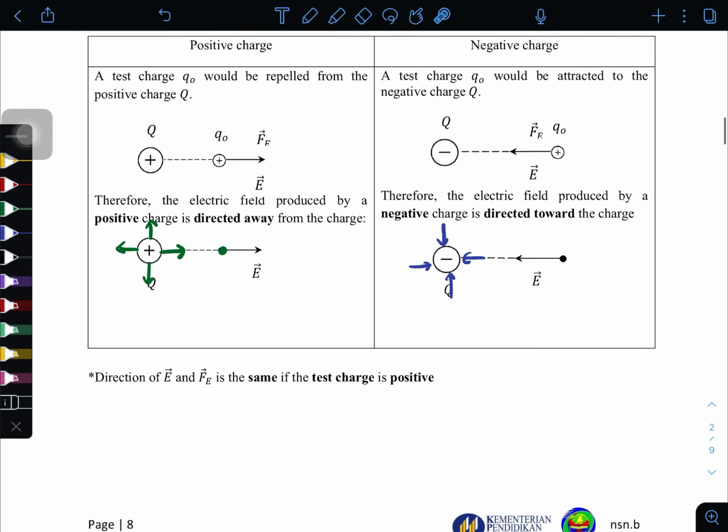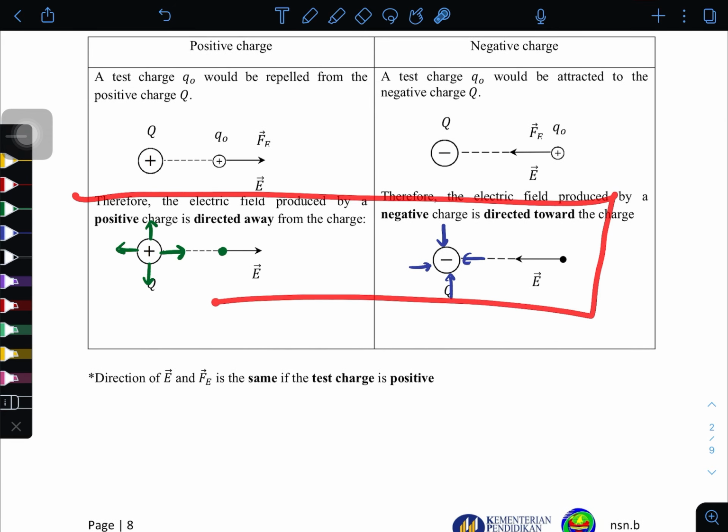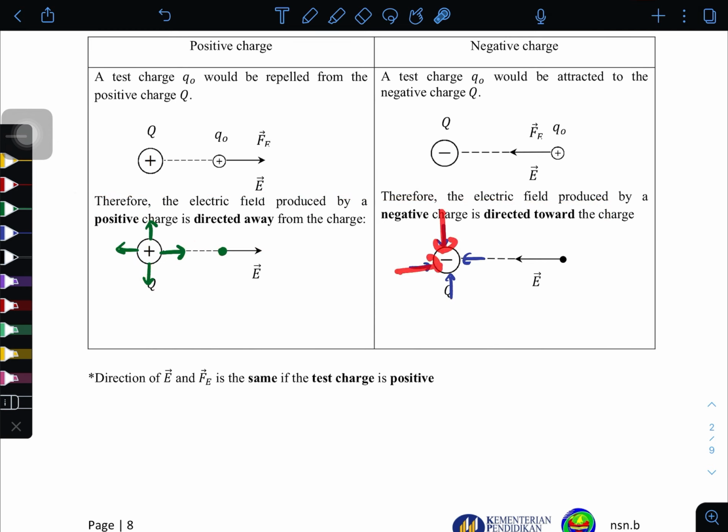But no worries, you only need to focus here. If positive, it goes out, so this point also goes out. If negative, it goes in, so this one will also go in. We will go deeper into examples after this. So that's for electric field.